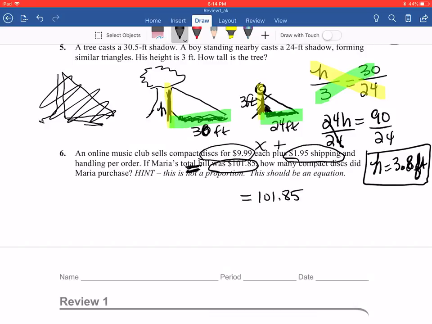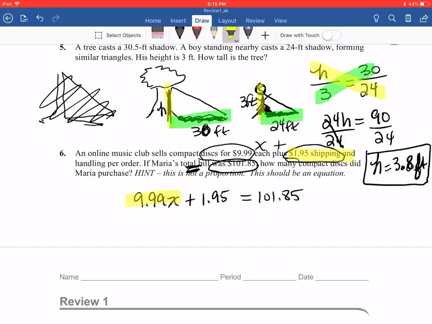Okay, so I'm going to write equal 101.85. Now that means I'm going to have 9.99x. Because we can buy more than one CD, right? Well, if I buy two CDs from Amazon and want Amazon to ship it to me, they're going to ship it in one shipment. That one shipment is going to be $1.95. So my variable is only going to belong with the $9.99.